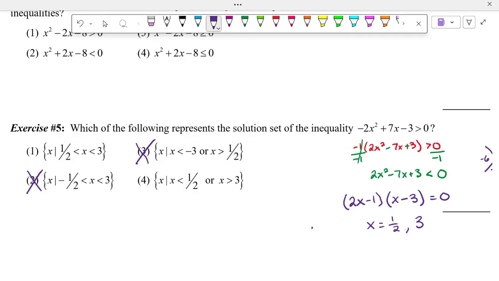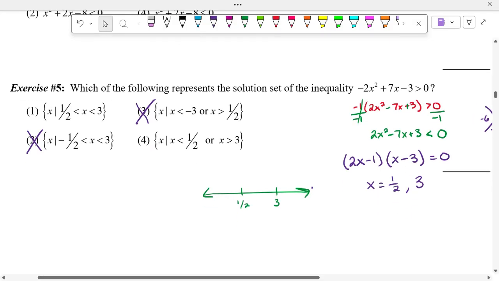Now, let's just do a quick check to see which one we're going to figure out. On my number line, if I have 1/2 and 3, I need my 3 numbers to fit.